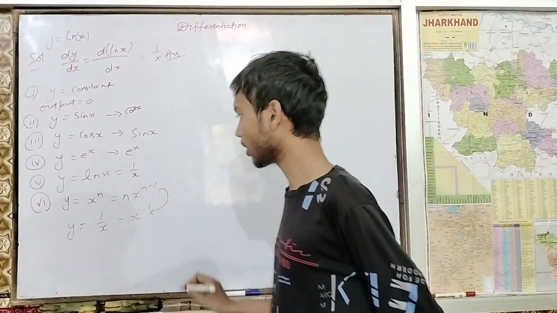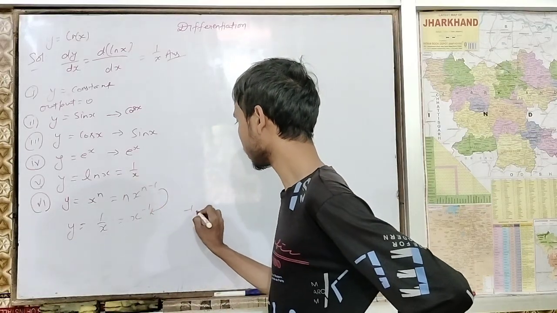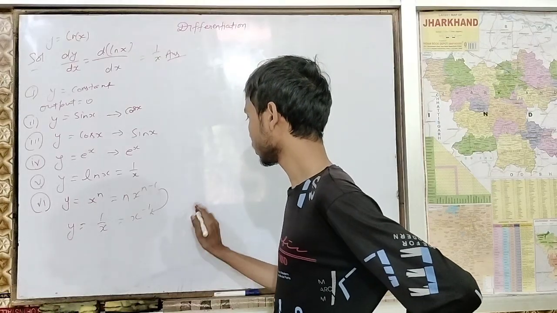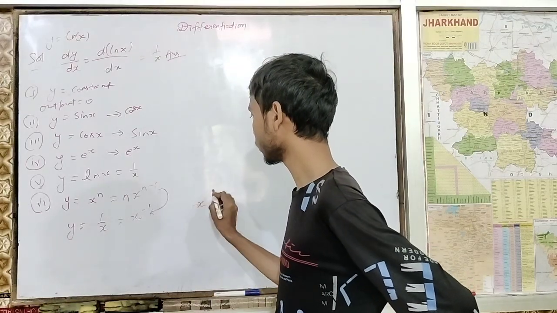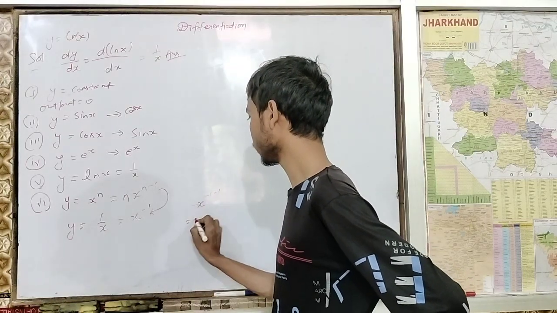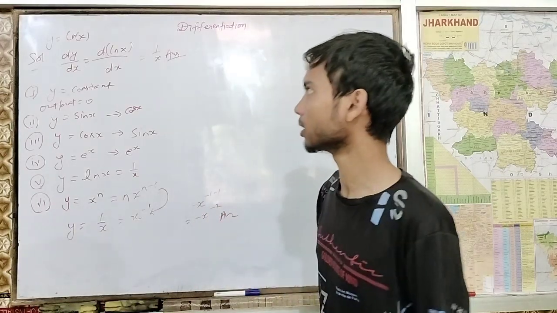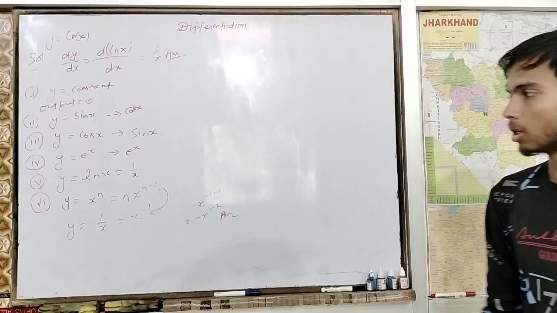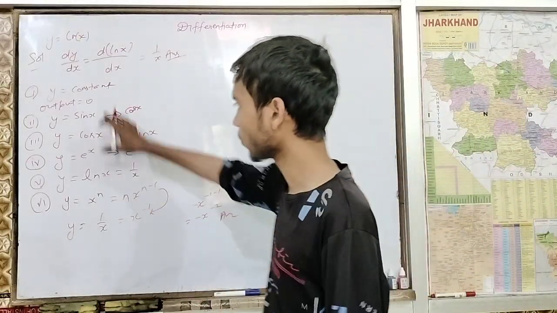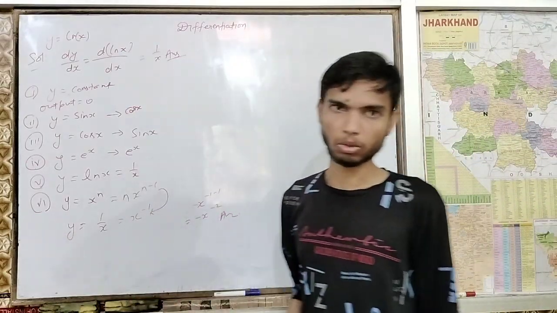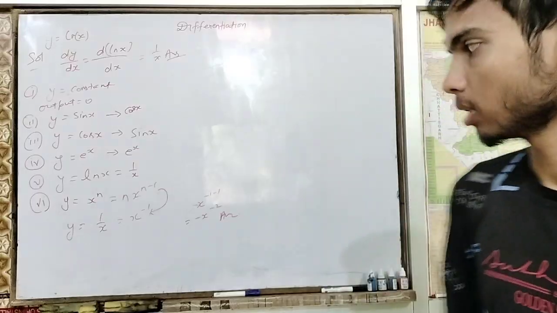What will be the output? Output would be minus 1 x, with minus 1 and minus 1 giving you minus 2. This is your result. Clear? So right now we saw all this. Apart from this, there are more that we are going to explore.